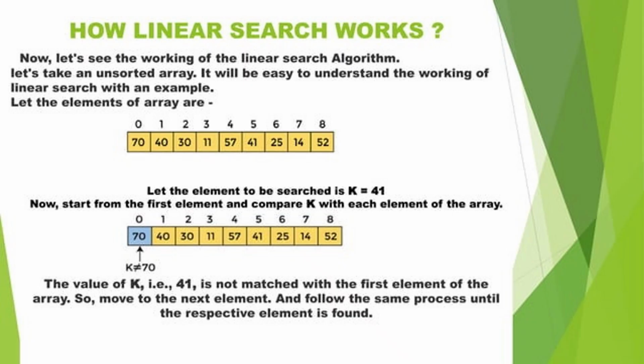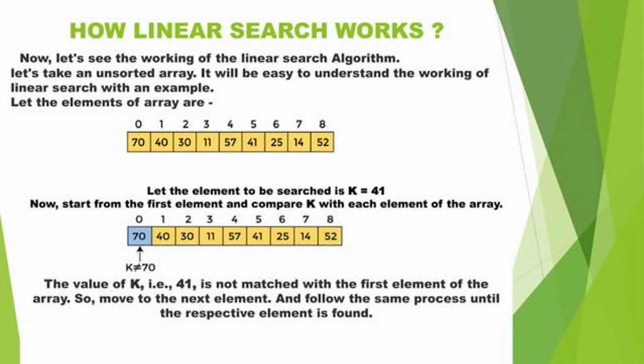On top of those numbers you can find numbers from 0 to 8, which means a total of 9 numbers. Those 0 to 8 represent the indexes of each number. Index means the position of that particular number. For example, the first number is 70, so the first number's index is 0, the second number's index will be 1, the third will be 2, followed by the other numbers.